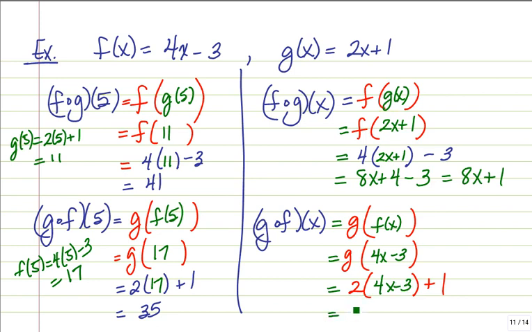So now we would have 8x minus 6 plus 1, which happens to be 8x minus 5. Now these are not necessarily the same. Just keep that in mind. So the order of that composition is very important in getting your result.